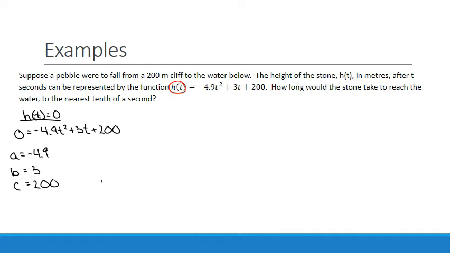So you could write x equals, because that's what you're used to writing. If you want to write t equals in this case, just to tailor it to this question, by all means, go for it. Negative b plus or minus the square root of b squared minus 4ac, all over 2a.